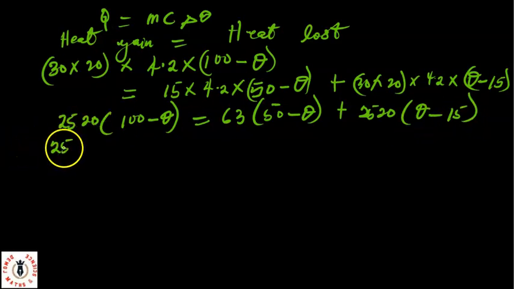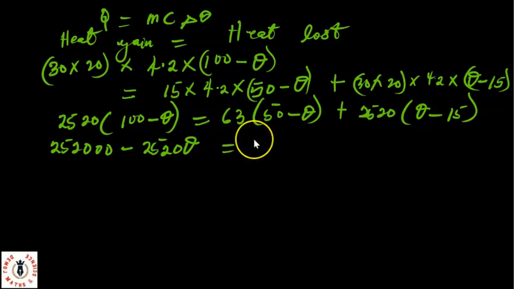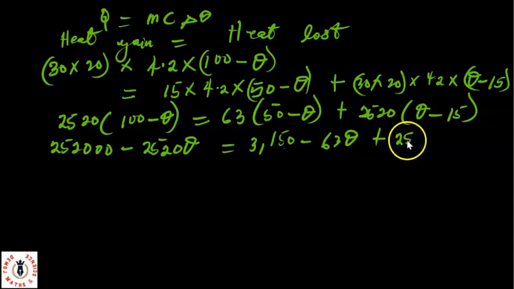So that I should have 2520 times 100 minus 2520 times theta is equals to 63 times 50, that's 3,150 minus 63 theta plus 2,520 theta minus 2,520 times 15, minus 37,800.